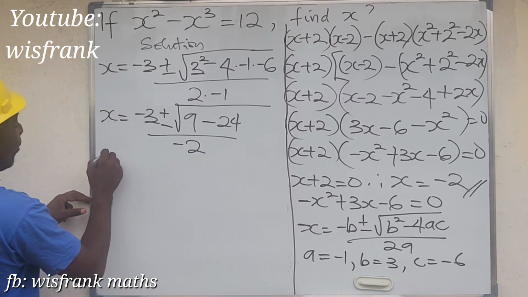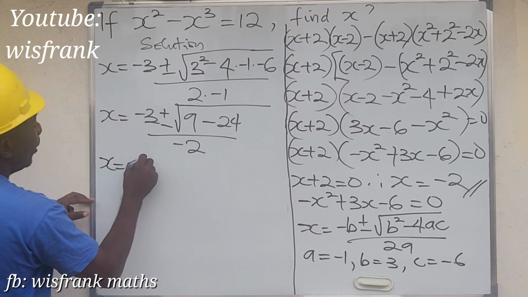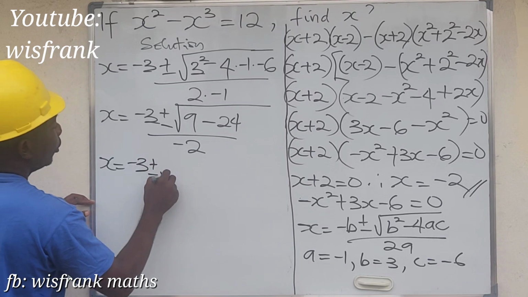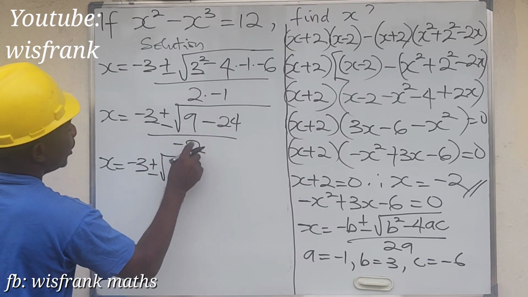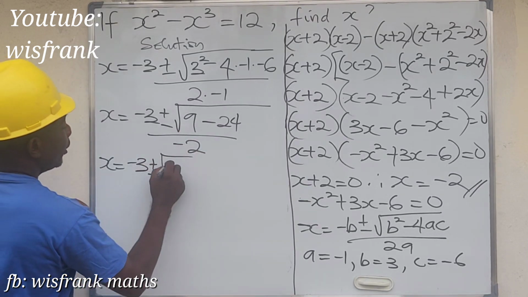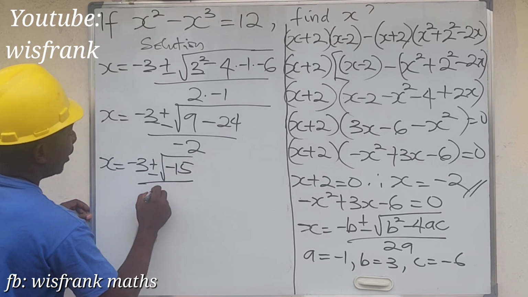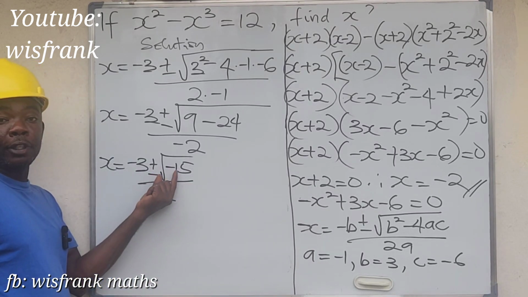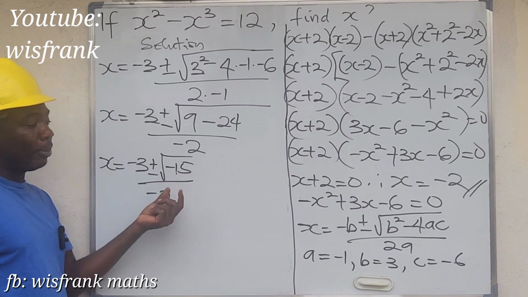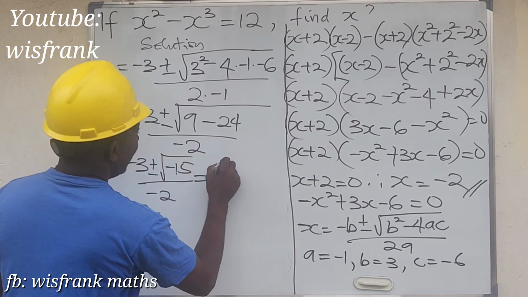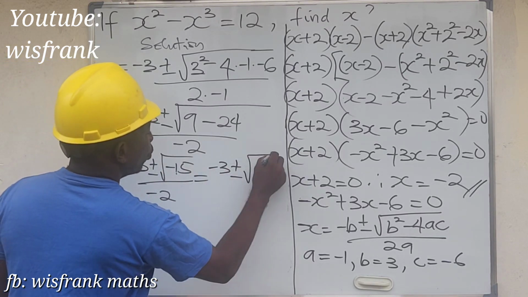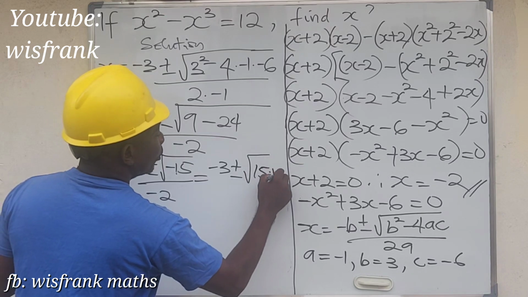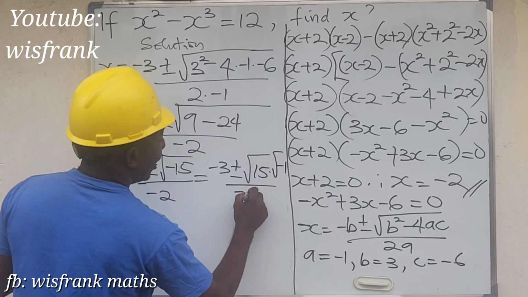So in this case, our x equals to minus 3 plus or minus square root of 9 minus 24 is minus 15 all over minus 2. So in this case, we have square root of minus 15 here, and it contains a complex number. So this can be written as minus 3 plus or minus square root of 15 times square root of minus 1 all over minus 2.